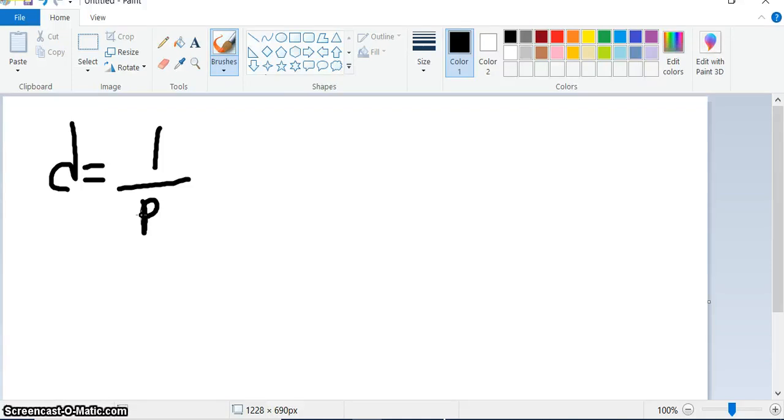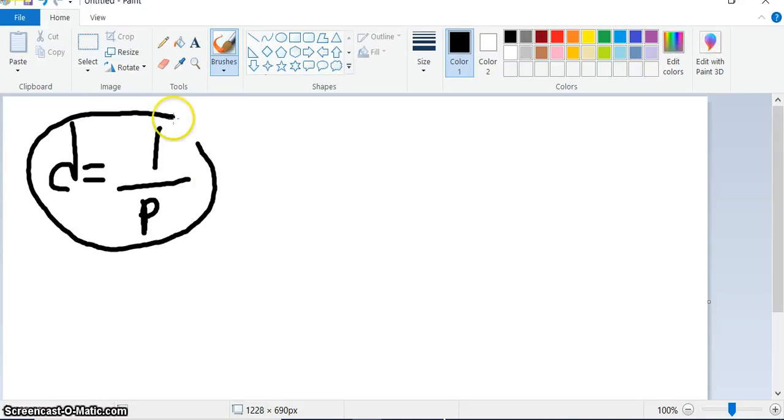This method directly measures the distance to a star using parallax. Spectral parallax uses the HR diagram to estimate what the luminosity is. You figure out what the spectral class is, and then you figure out what the luminosity is.